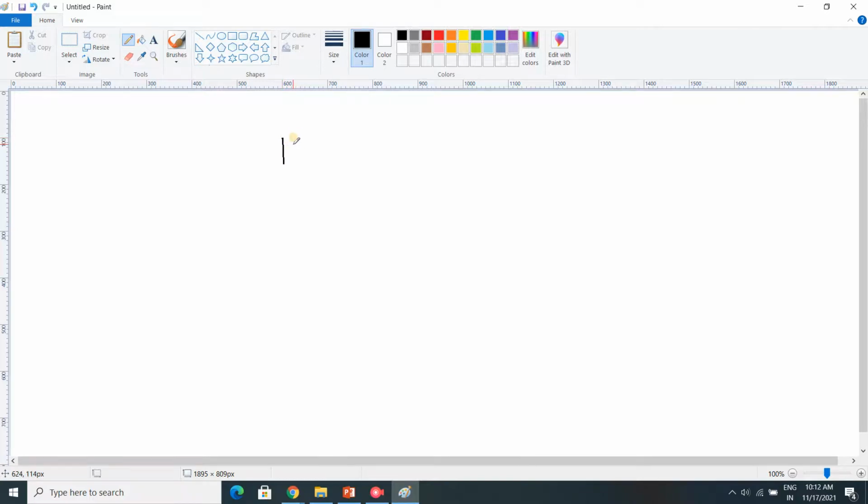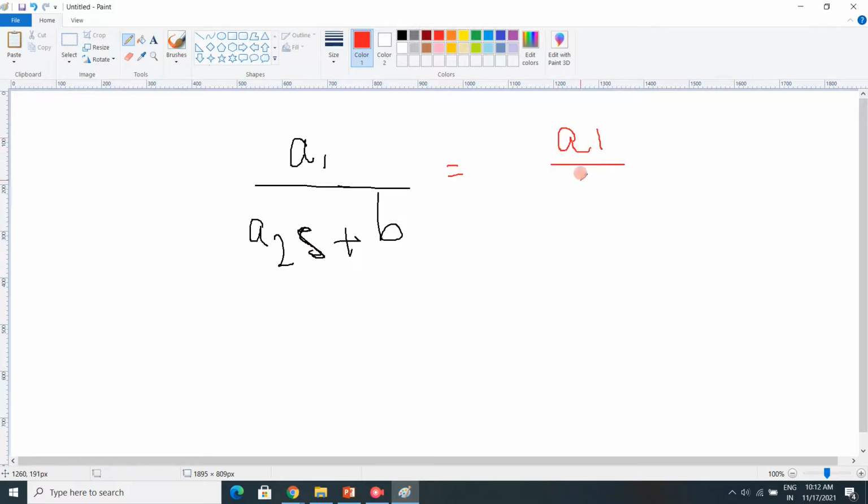Suppose you're dealing with a first order system and the equation is like this, a1 by a2 s plus b. We don't write in this way generally. What we do, we generally represent it in this fashion because it becomes easier to understand.